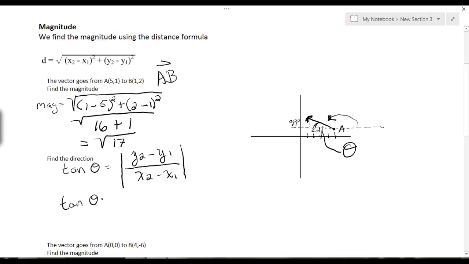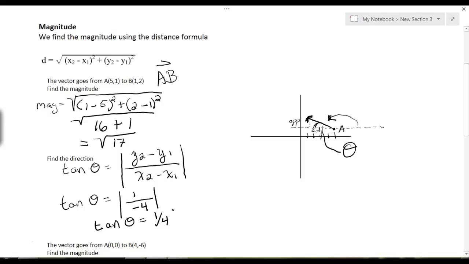Tangent of theta equals, I already found my y2 minus y1 up here, and it was 1. And my x2 minus x1 was negative 4. Because I have my absolute value signs, it's going to end up being tan of theta equals 1/4.